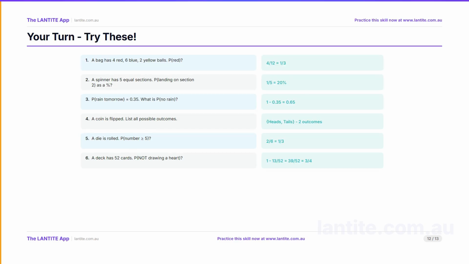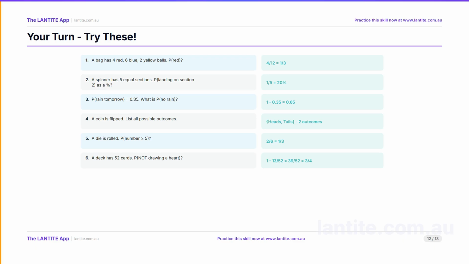Pause the video and try these 5 problems. Problem 1. A bag has 4 red, 6 blue, and 2 yellow balls. What is the probability of drawing red as a simplified fraction? Problem 2. A spinner has 5 equal sections. What is the probability of landing on section 2 as a percentage? Problem 3.